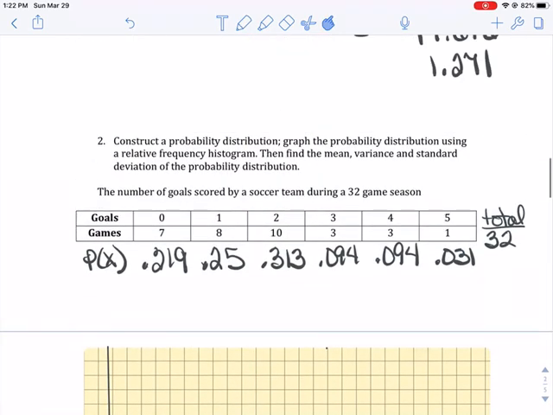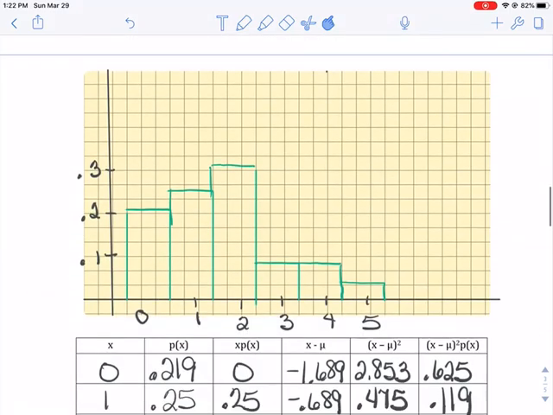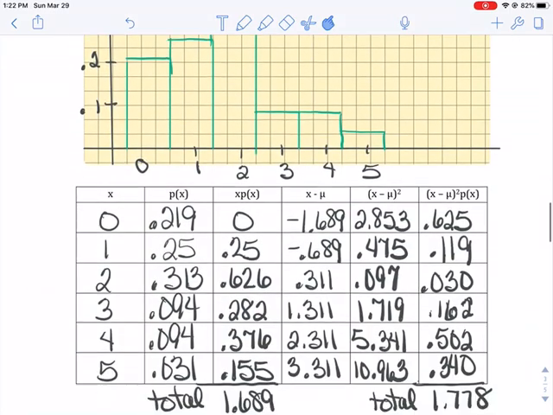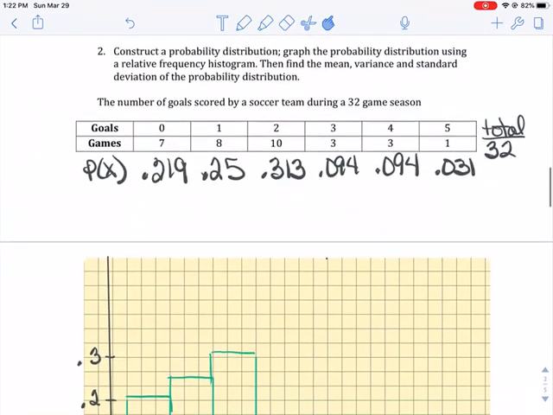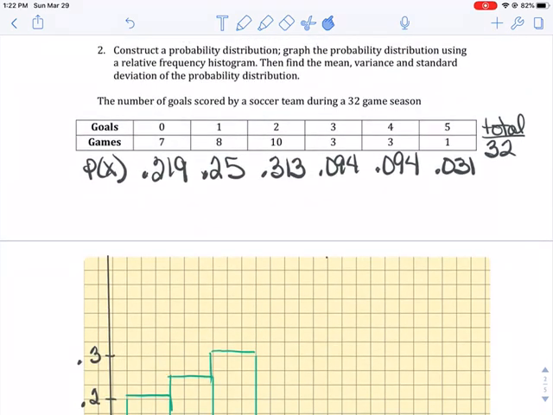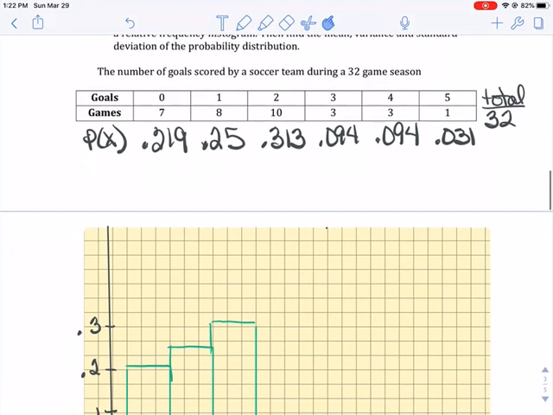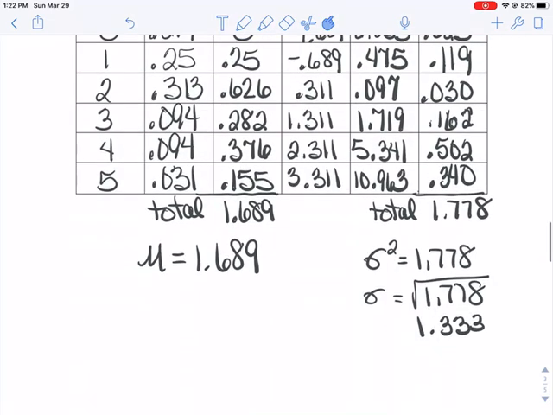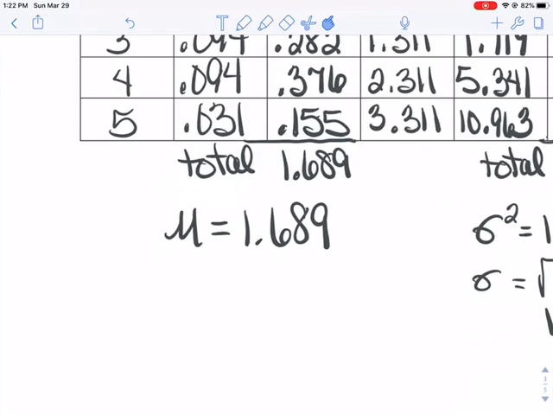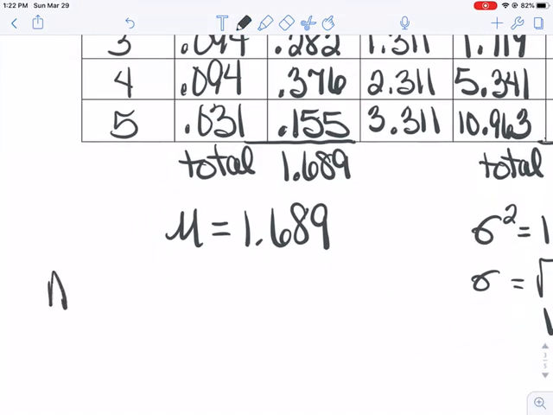Now we should be able to interpret what this means. Okay. So we would say that the average goals scored per game or per season is 1.689. Okay, so the average score, average goals.